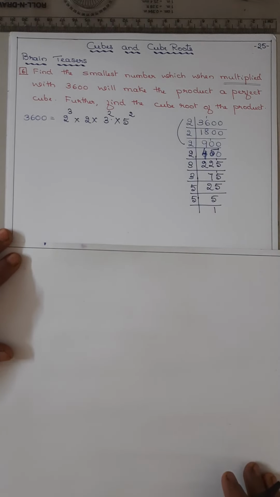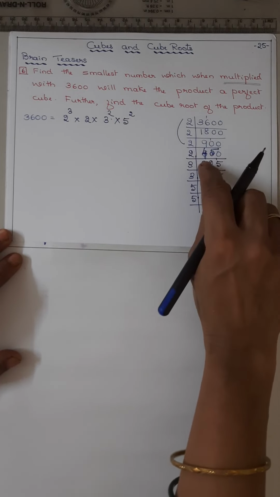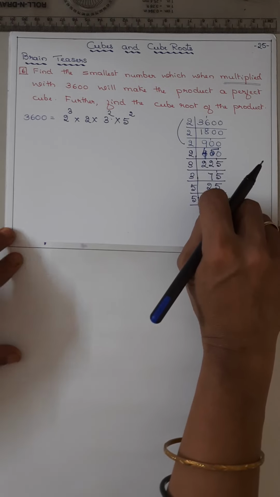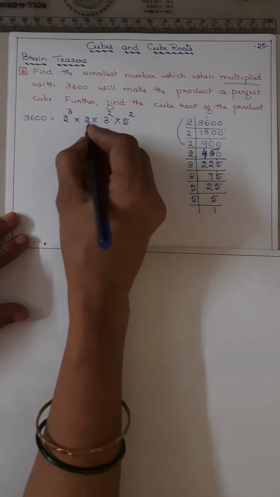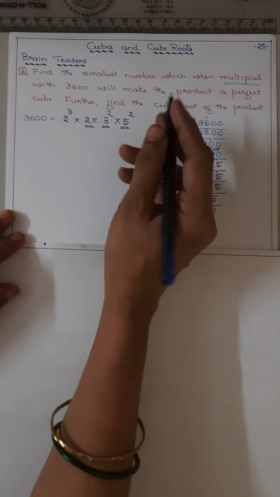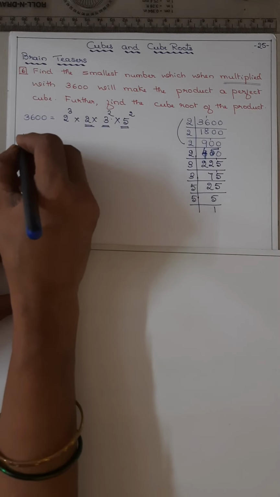Little bit confusing, so better understand. 2 cube, then 2, then 3 square, then 5 square. Okay. Now, these are not in triplets. So, which is the number to be multiplied?